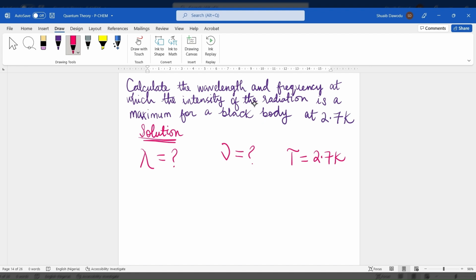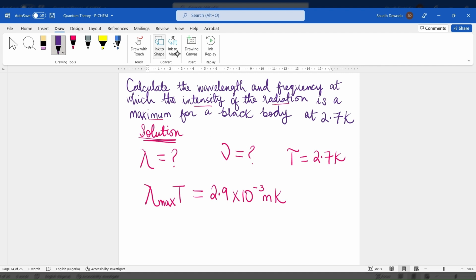Whenever you have a quantum chemistry question that talks about intensity, maximum, and radiation, what you want to apply is Wien's law, which simply says the wavelength at the maximum times temperature is going to equal a constant, 2.9 times 10 raised to the power of negative 3 meter Kelvin. This is basically the formula to solve for it. When you're looking for wavelength at a maximum, you use Wien's law.